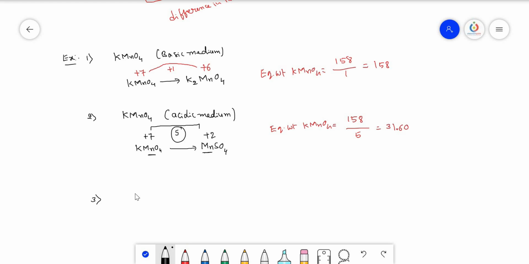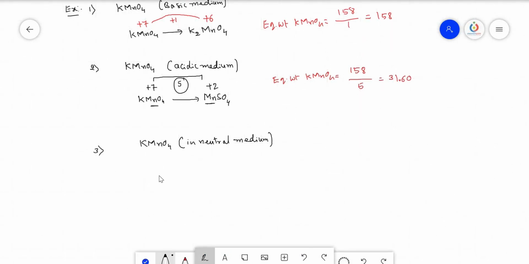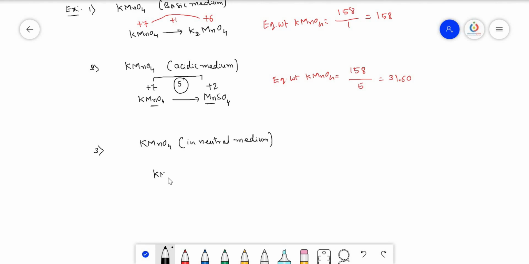Now let us take another one, KMnO4 participating in a reaction in neutral medium. In neutral medium, KMnO4 changes to MnO2. Here the manganese oxidation state is +7, here the manganese oxidation state is +4, and the difference is 3 units.